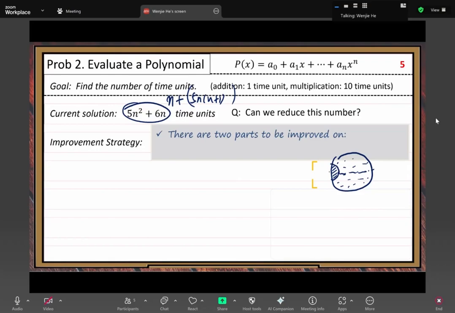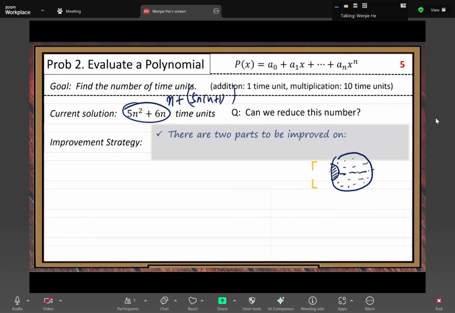So this understanding is summarized as a famous principle used in the computer industry. It's called Amdahl's law.